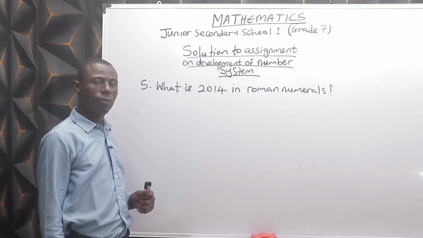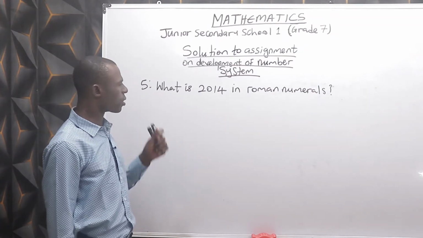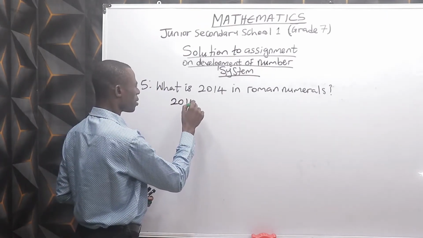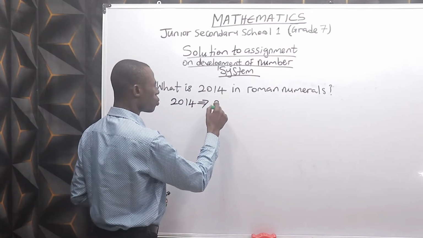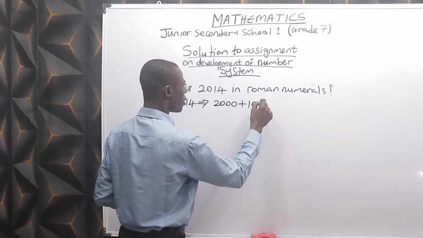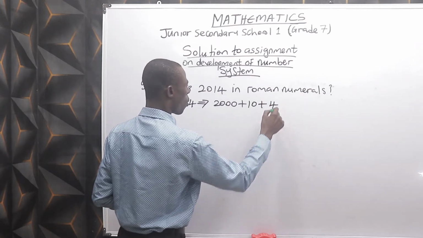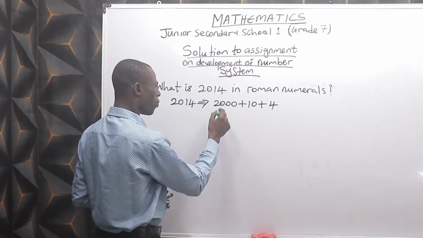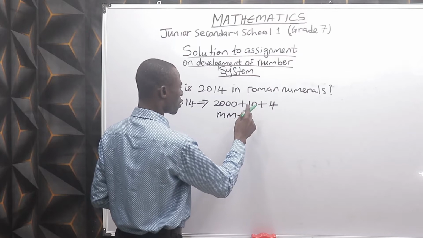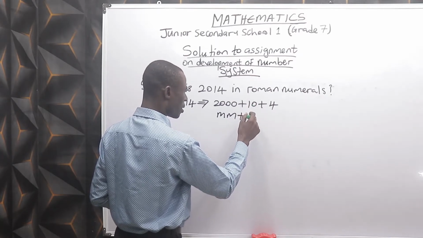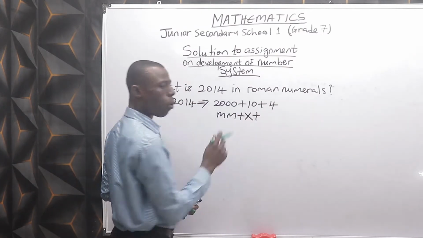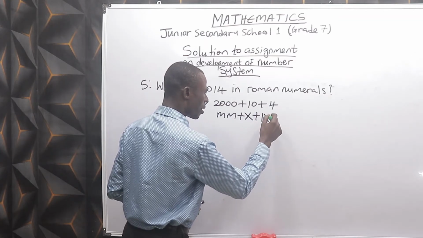Let's consider question 5. What is 2014 in Roman numerals? 2014 could be broken into 2000 plus 10 plus 4, which is, for 2000 it is MM, plus for 10 it is X, plus for 4 it is IV.